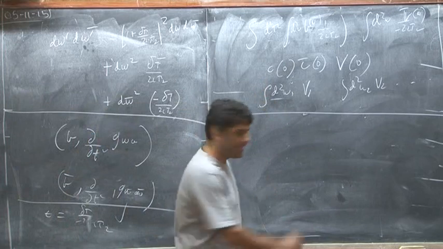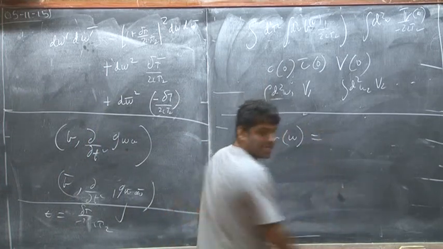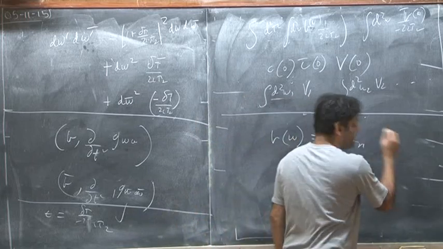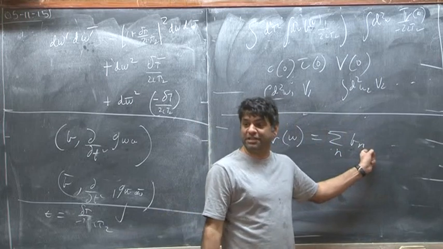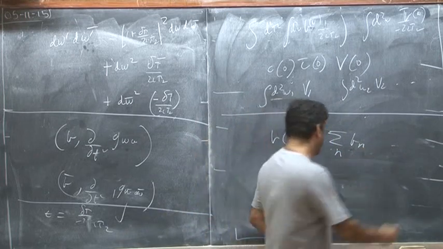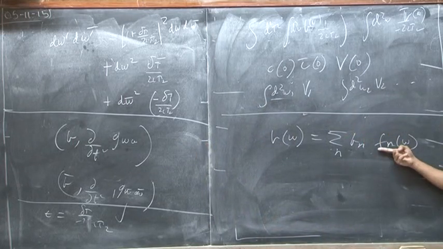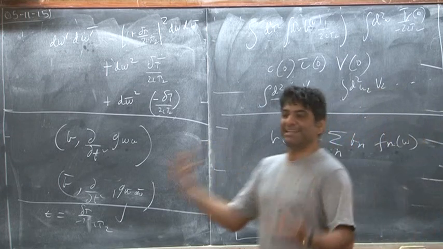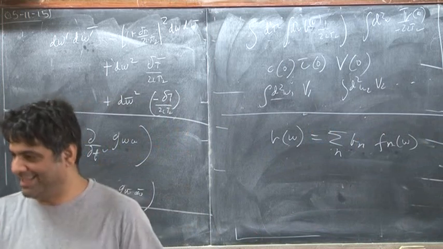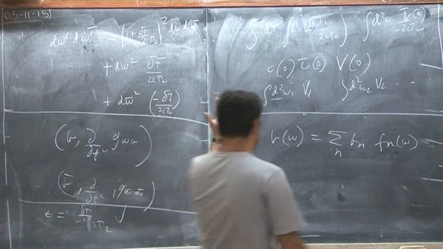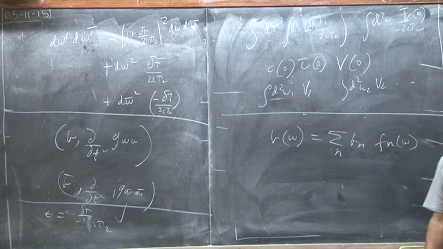This B of W can be expanded as B of W is equal to the sum over n of Bn, where Bn is the Grassmannian integration variable, times Fn of W. These are the eigenmodes of the BC Lagrangian operator, the del bar operator in this case, the eigenmodes of the kinetic term that appears in the BC Lagrangian with eigenvalue En, whatever.